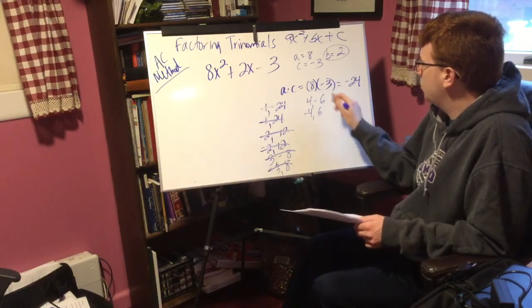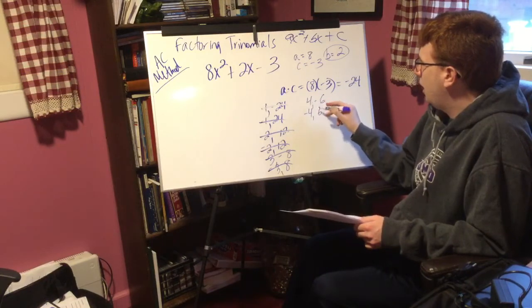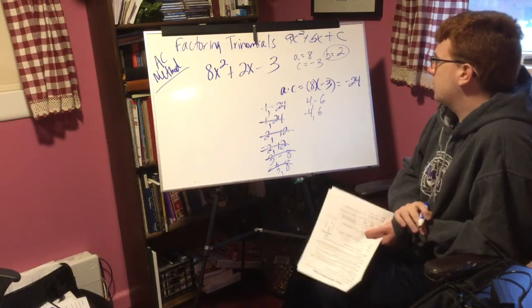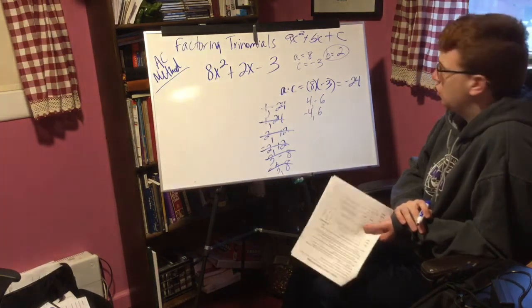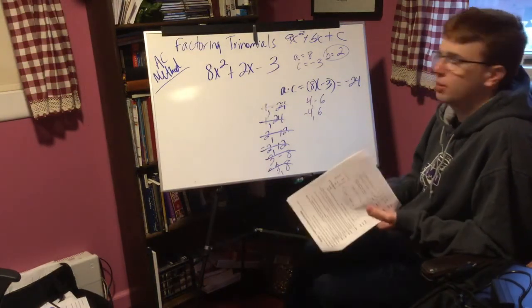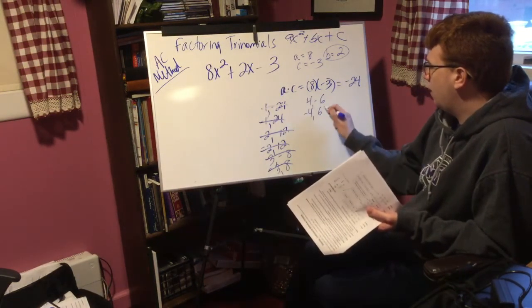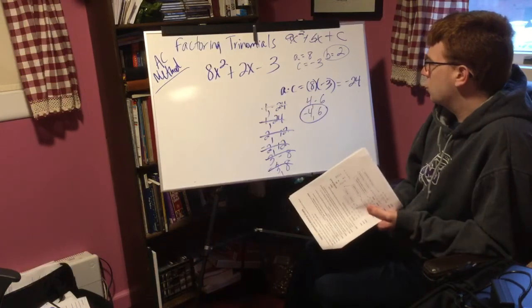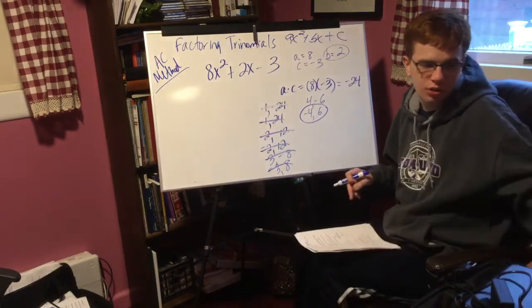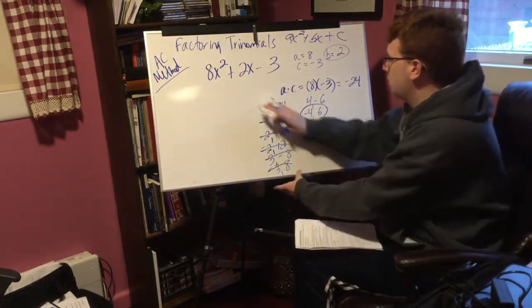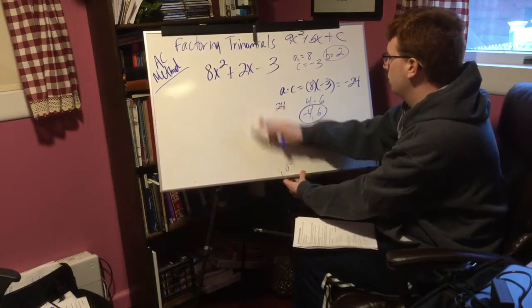However, when you get down to 4 and negative 6, 4 plus a negative 6 would be a negative 2. However, negative 4 plus 6 would work, and that would be a positive 2. So that's going to be the pair of numbers that we're going to use. So we're going to remember that pair of numbers. The rest we could erase because they're not useful.